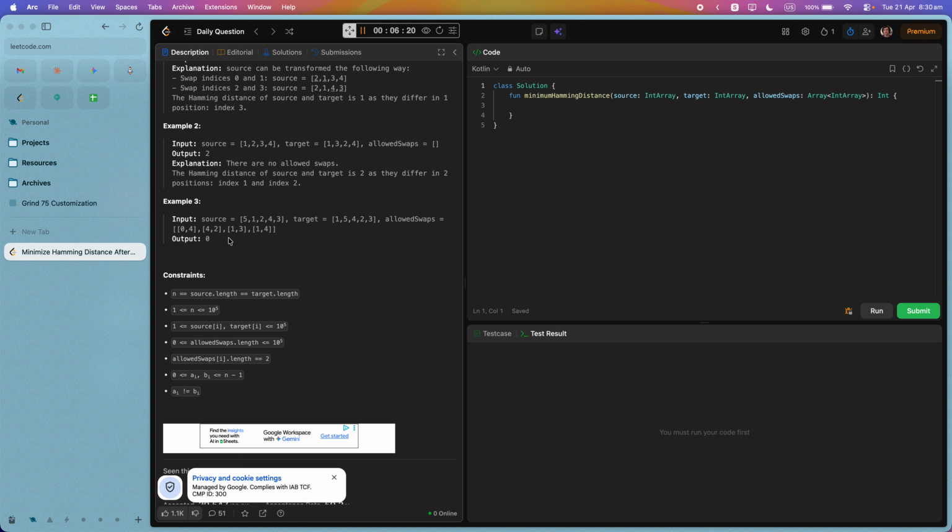I cannot swap it directly, but I can swap it somehow. Let's see how. I can swap 0 and 4, and then I can swap 4 and 1. And then I can swap again 0 and 4. So 1 comes here, 5 comes here, and 3 remains here.